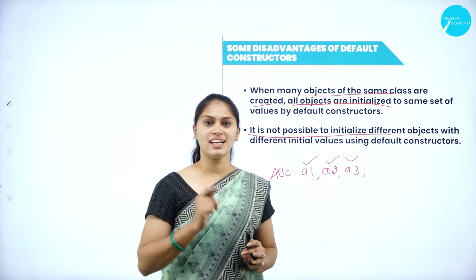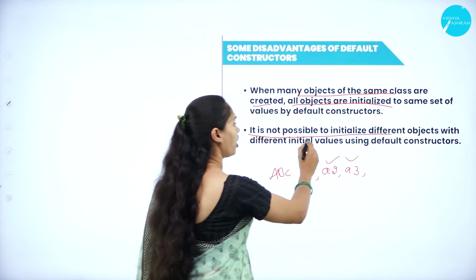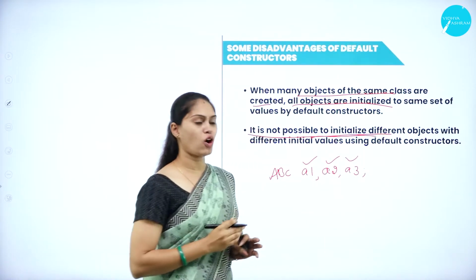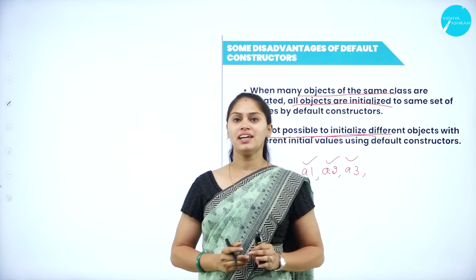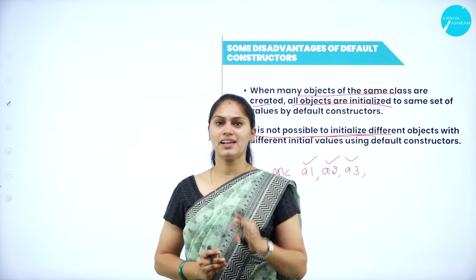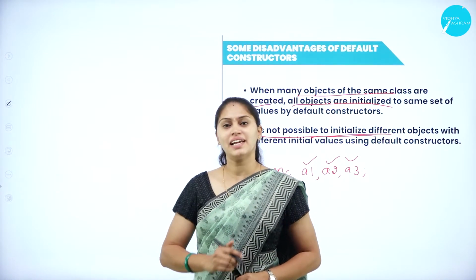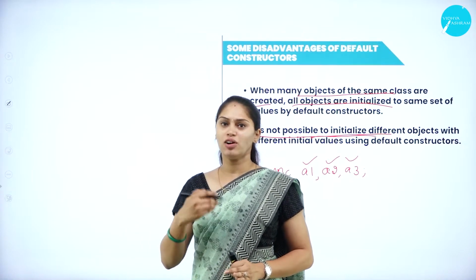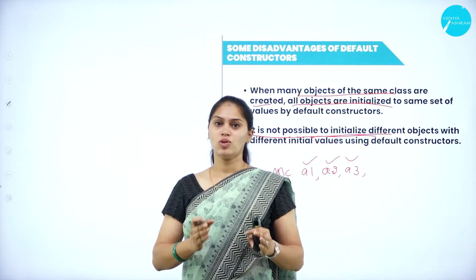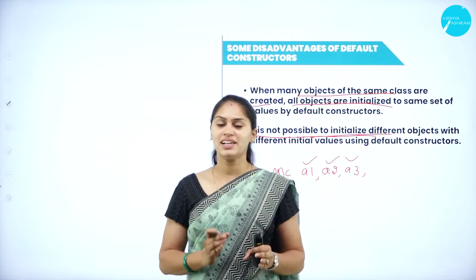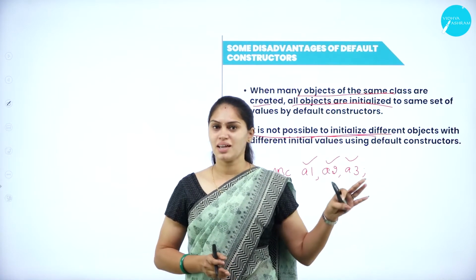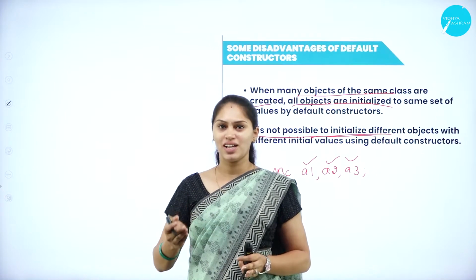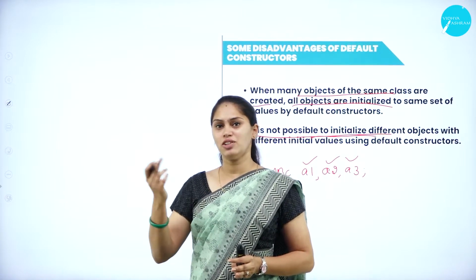And what is the next disadvantage? It is not possible to initialize different objects with different initial values. That means if I am creating n number of objects for a particular class, and all the objects are initialized to the same set of values, then that won't allow me to initialize different values for different objects. So, both are the same, that is, we cannot initialize different objects with different values.